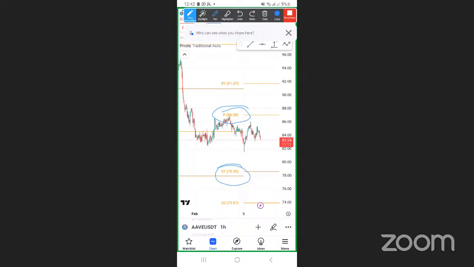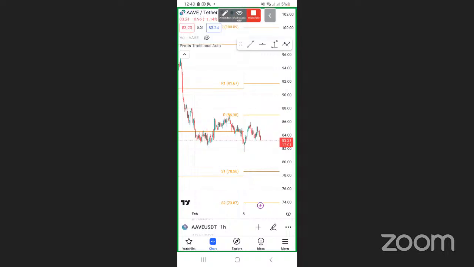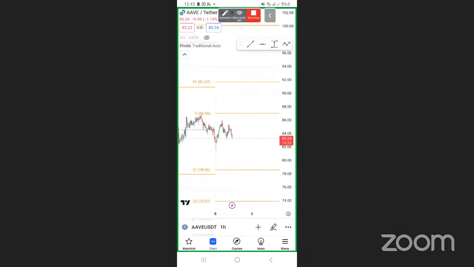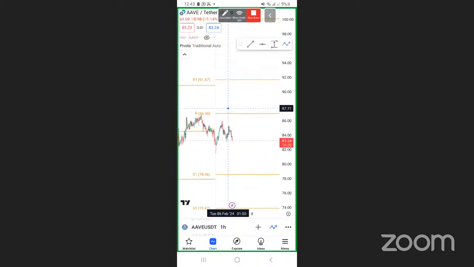It means that at this point, if Aave is to fall down through this line, the price of 78.5 is more likely to hold us because it's our next support.